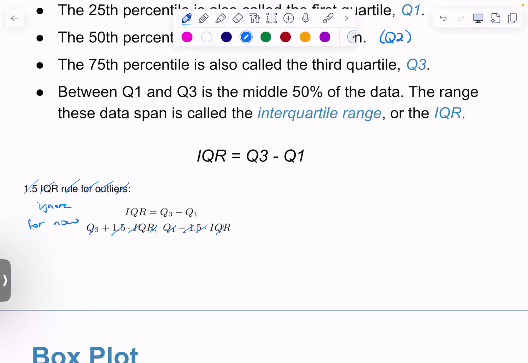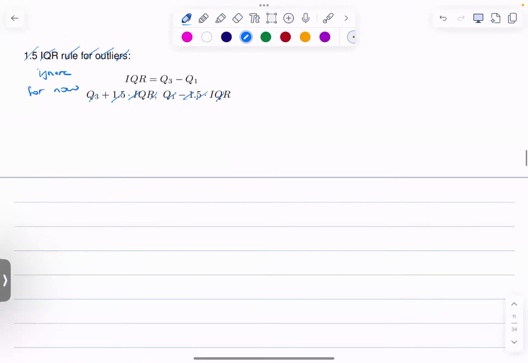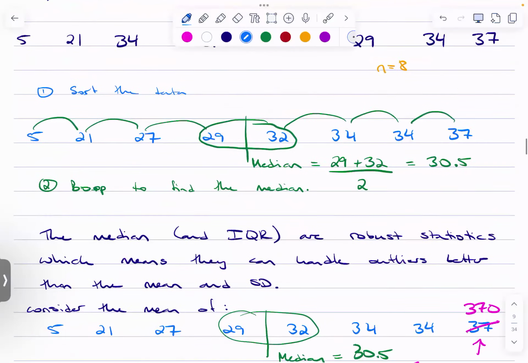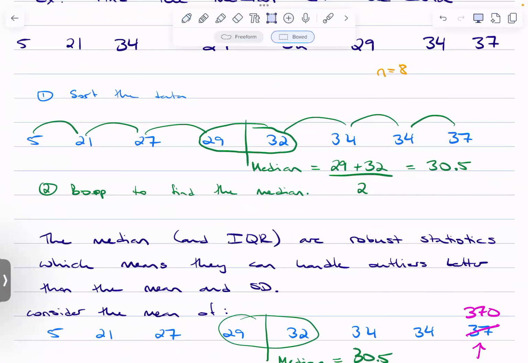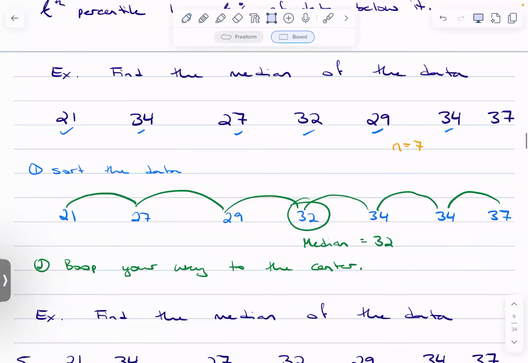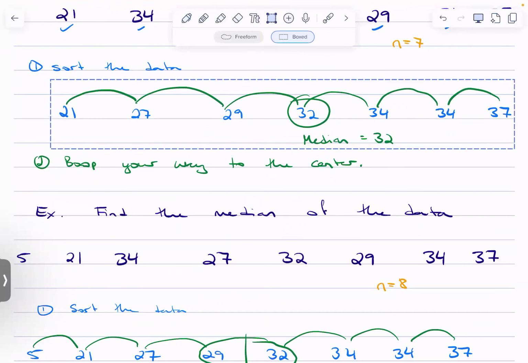So how do we do that? We have two examples: an example where we have a sample size of 7, and then an example with a sample size of 8. Because they behave differently, I want to work with both of them.